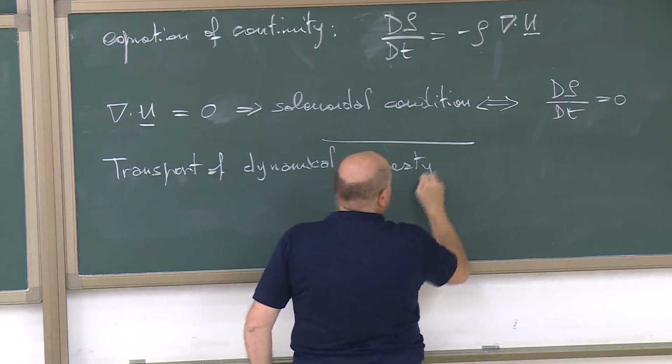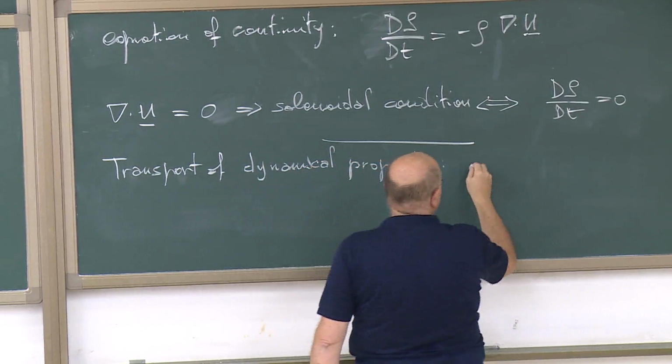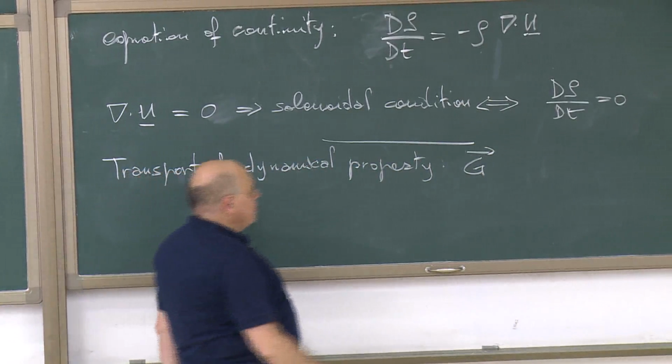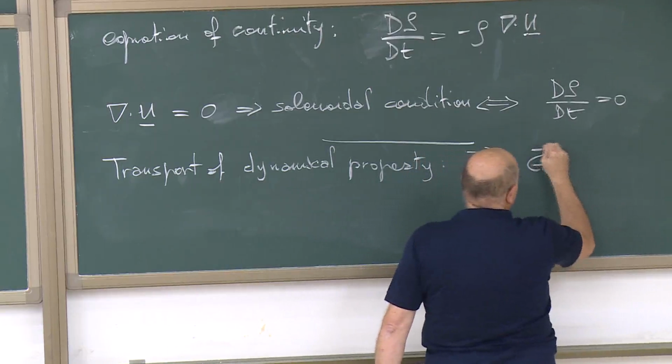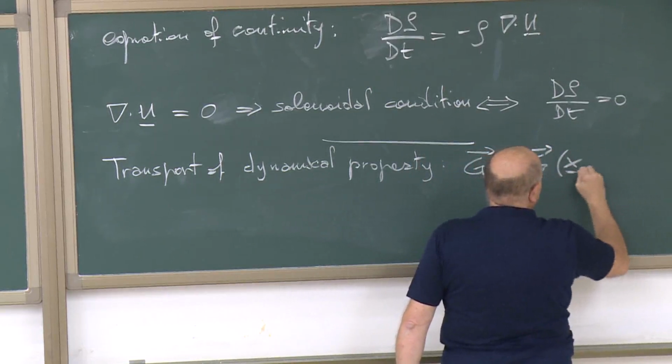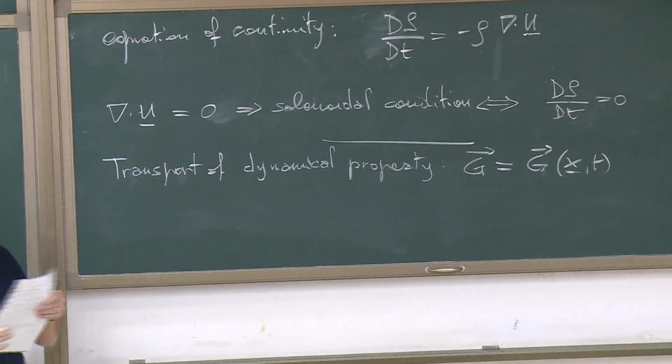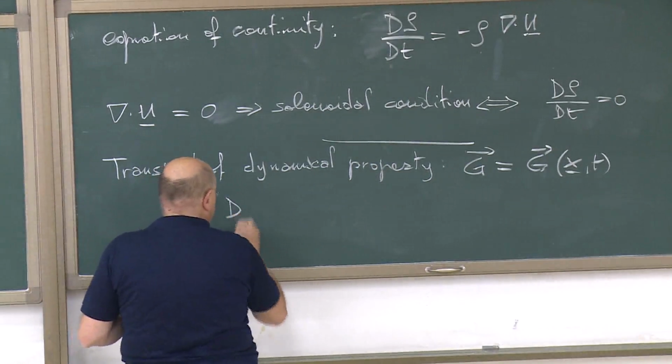Now you take this G. G is now a vector or a tensor, right? And for this G, as I said, I skip the proof, which is elementary. You will have it in the notes. And you can prove the following.